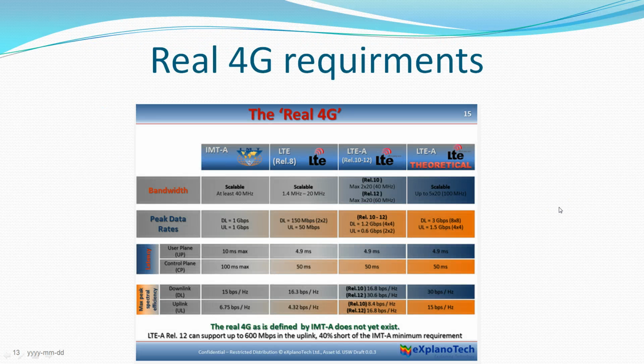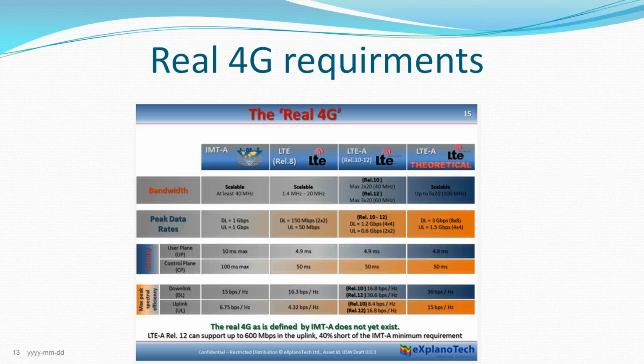On this slide, I'll talk again about the real 4G requirements. The first column shows the IMT-Advanced requirements for LTE Advanced. The second one is the requirements for LTE Release 8, and the third one is for LTE Advanced. The interesting thing here is to see the peak data rates. IMT-Advanced requires downlink 1 gigabit per second and uplink 1 gigabit per second.